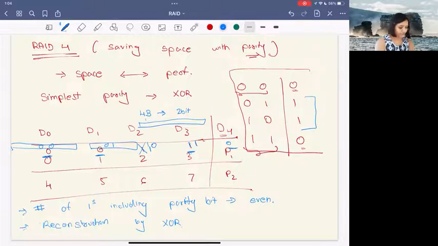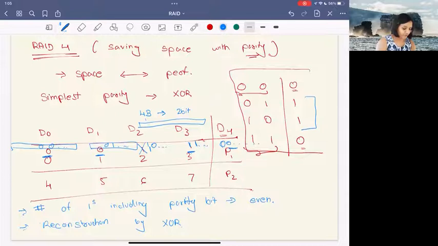If it's 4 bytes, we just have some more bits for each disk. We would still have the parity of exactly the same number of bits. In this case, if it's 2 bits, we would have 2-bit parity. If it's 4 bytes, then we would have that many bits for parity.